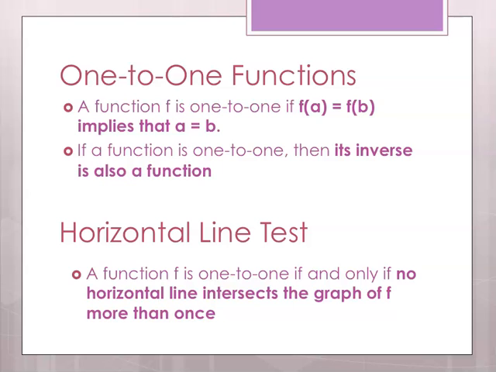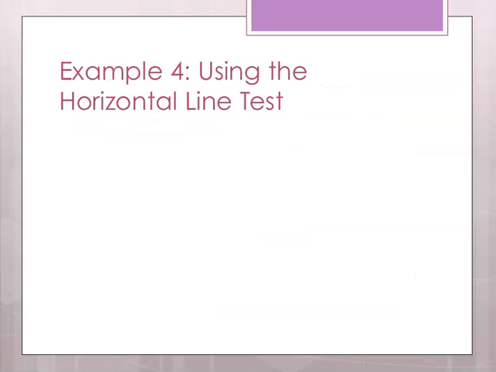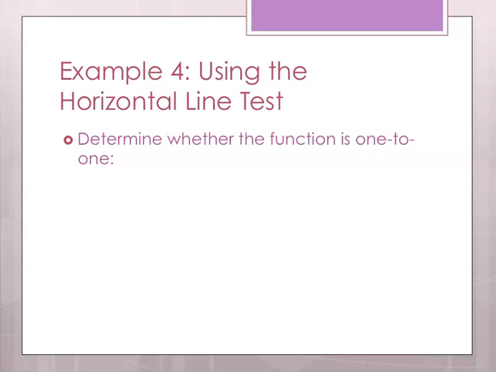So let's see an example using the horizontal line test. Determine whether the function is one-to-one. We have x cubed minus 3x minus 1. Now by looking at that, it's hard to tell whether or not it's one-to-one. Really what you're checking for is, are there any two x values that give you the same y value?